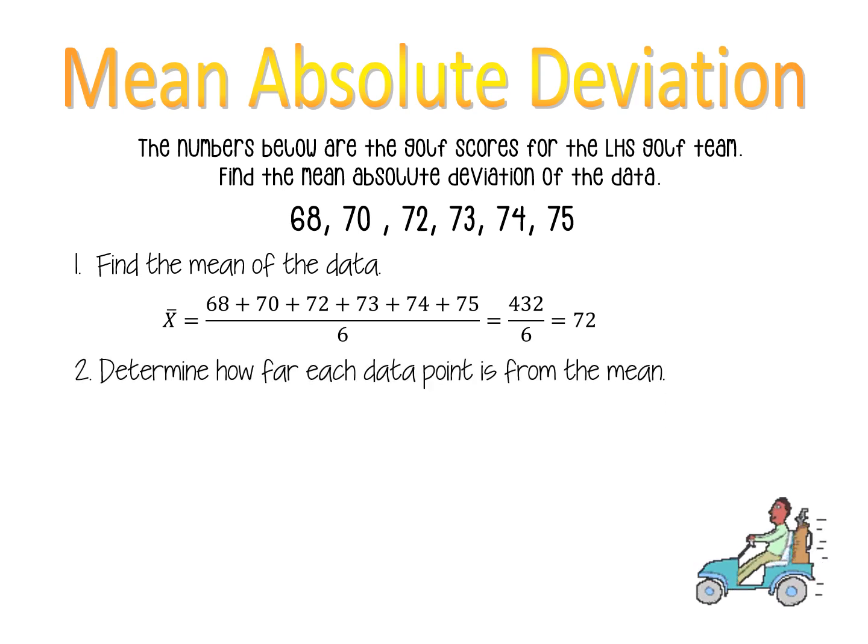Now what we need to do is go through each one of these points and determine how far each point is from the average. So 68 is 4 points away, 70 is 2 points away, 72 is 0 points away, 71 is 1 point away, 74 is 2 points away, and 75 is 3 points away.